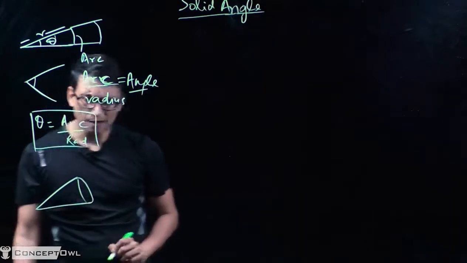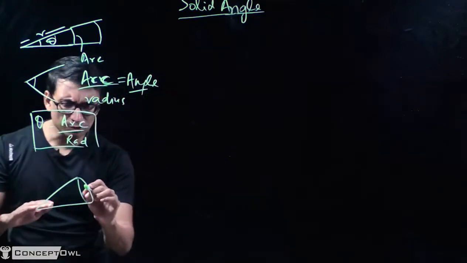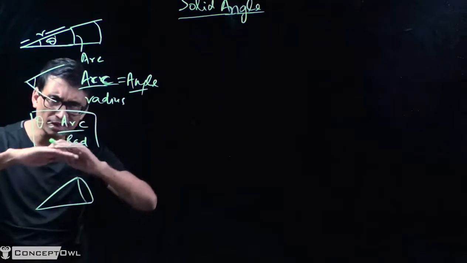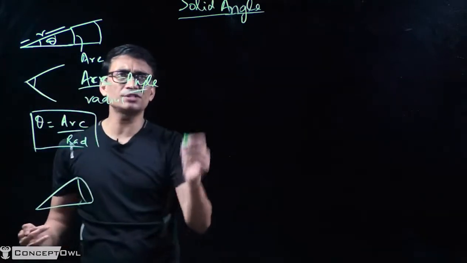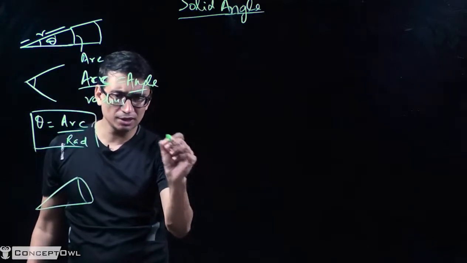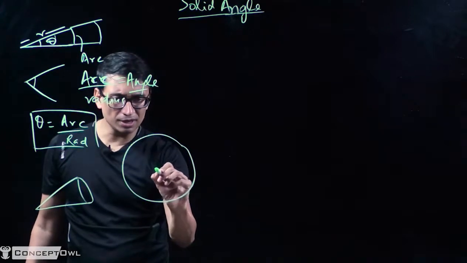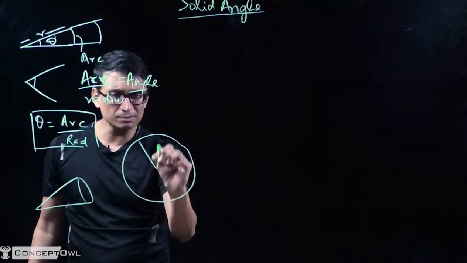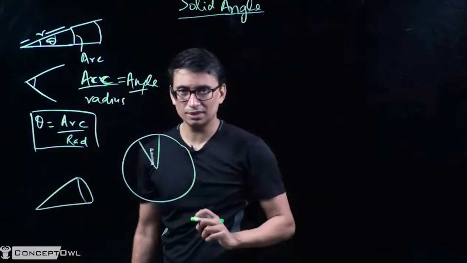Now let us say you put some ice cream and made it spherical. Or another way to think about this is, let us take a sphere, and from here I cut out an ice cream cone like shape. So I cut this and take it out.